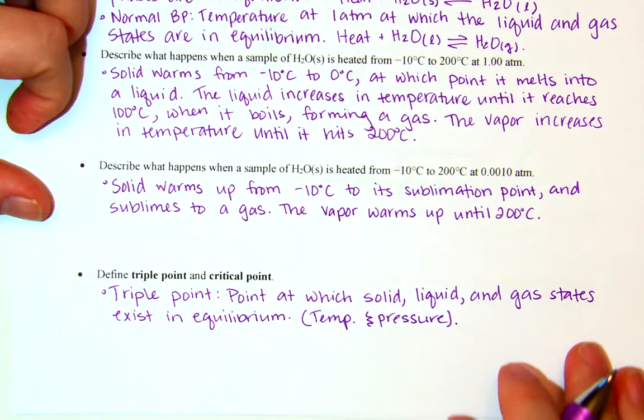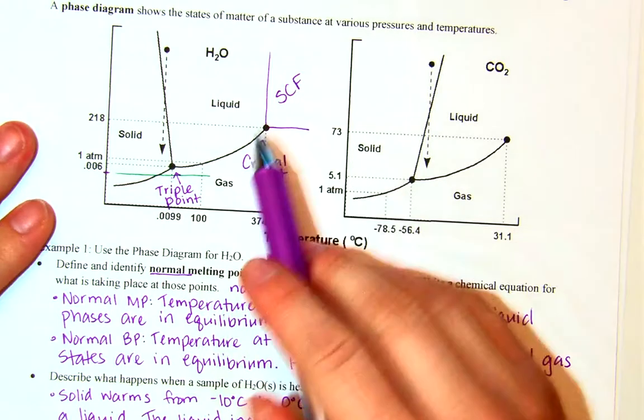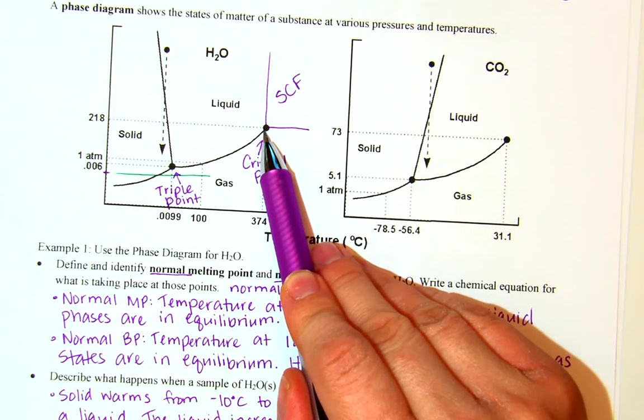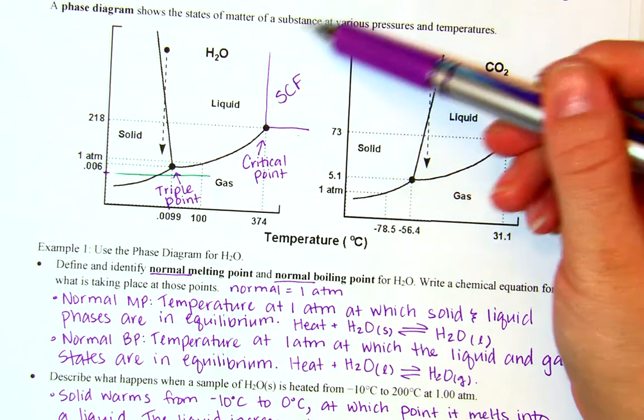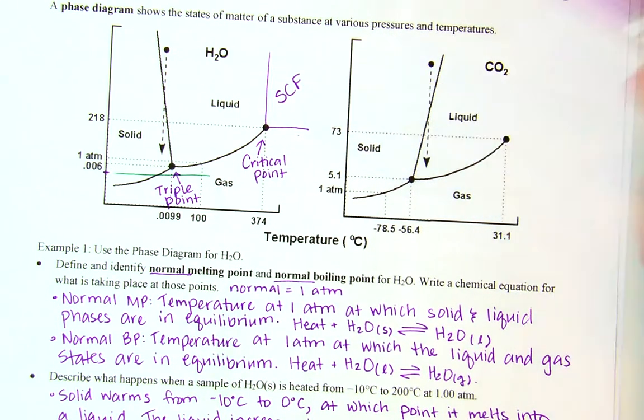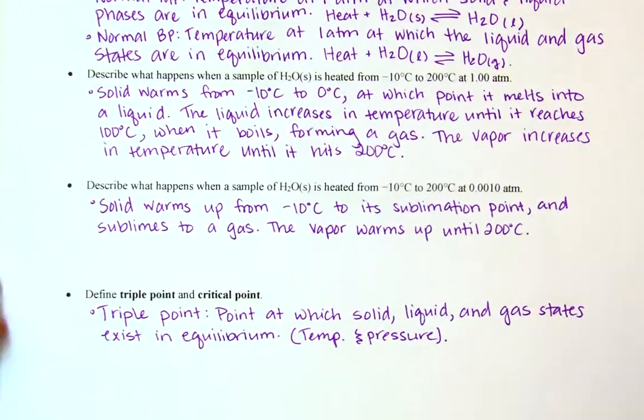The critical point, that's that point up here, is the point above which, so the temperature here and the pressure, above which in this whole area, H2O can only exist as a supercritical fluid, also known as a plasma.